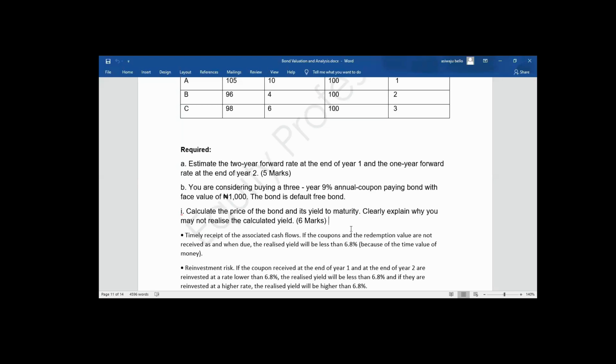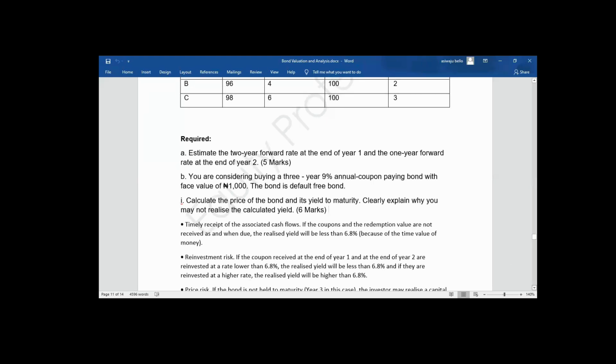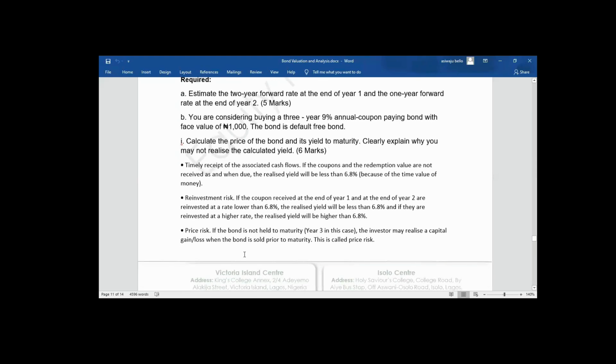Now, still on Roman figure 1, it says, clearly explain why you may not realize the calculated yield. What could happen that will make the investor not realize the calculated yield? Please look at the explanation. The reasons are given here.